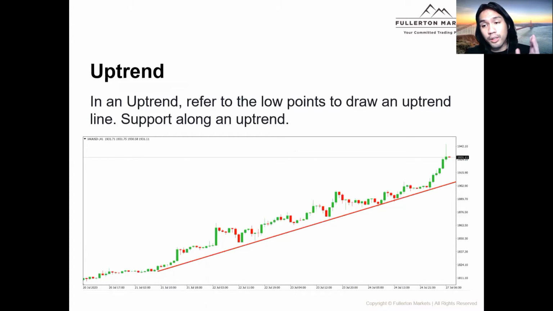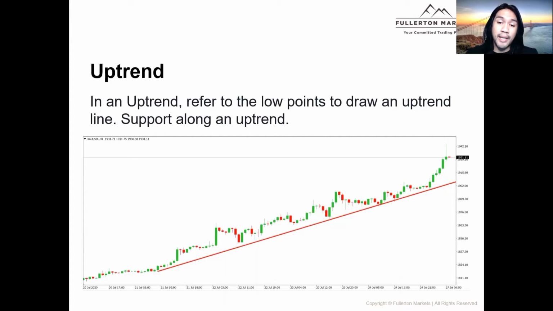Because for this trend line, we have aligned it with low points on the chart candlesticks. As you can see, prices are going up, they are dipping down, going up, dipping down. And all we did was we connected the low points to identify that this is indeed an uptrend, okay?